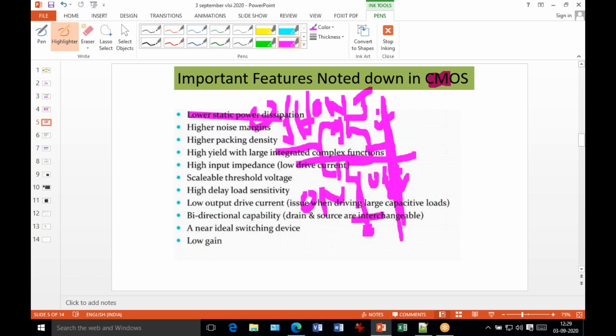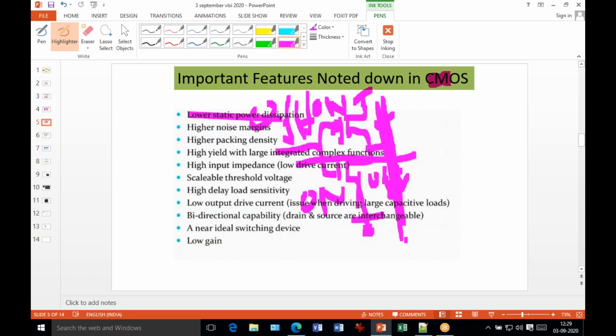If this current does not flow, of course, if you talk about the static power, it is zero, or something very small. The power dissipation of a CMOS circuit is very low, because here the path is not available.